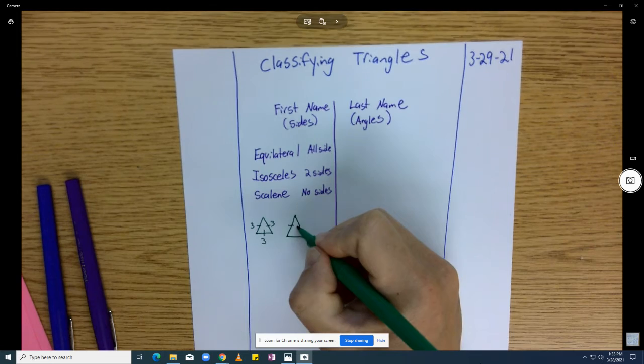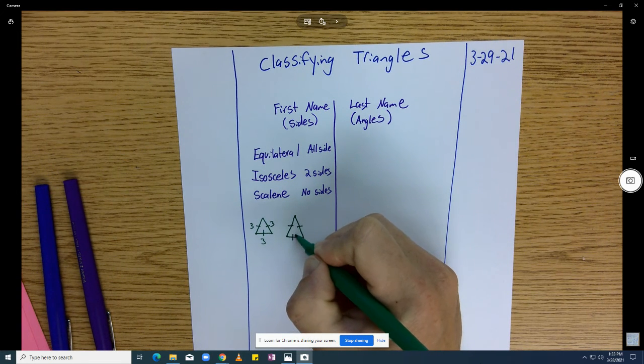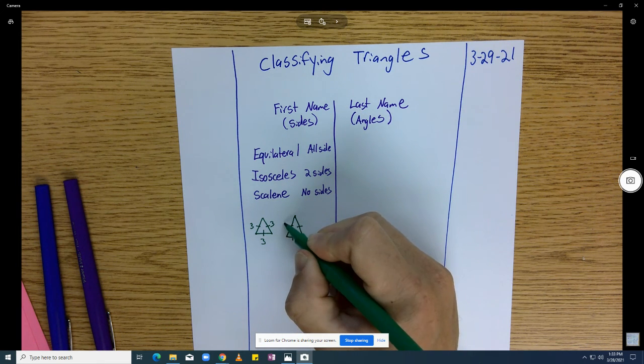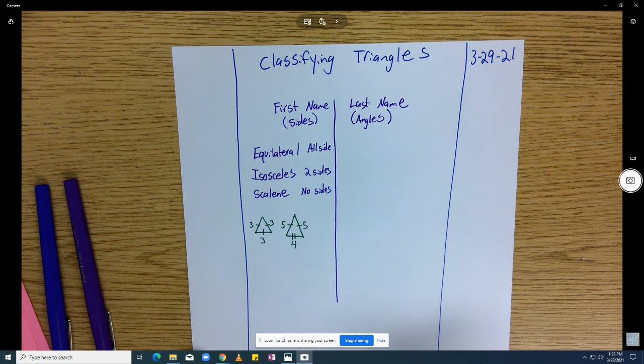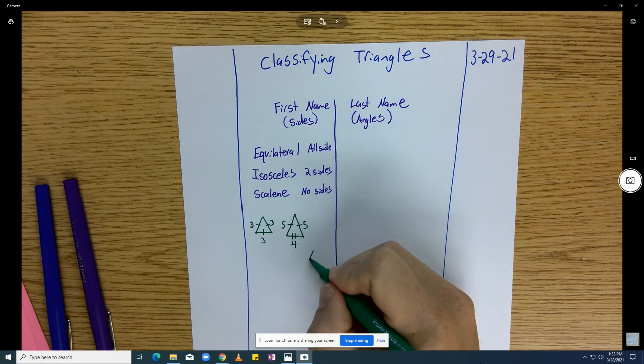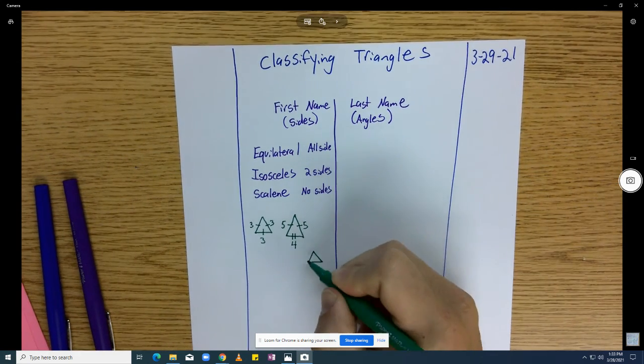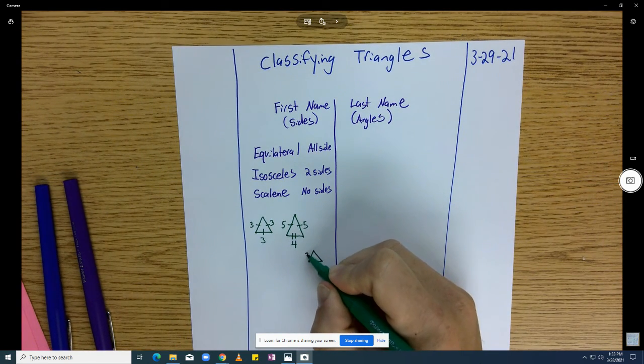We're going to go line, line, because those two match. That one does not match. The tally shows these two are the same, but that one's different. So let's go with 5, 5, and 4. And then let's do a scalene, put no tallies on it, and put 3, 4, 5.